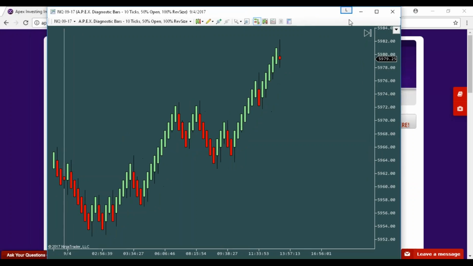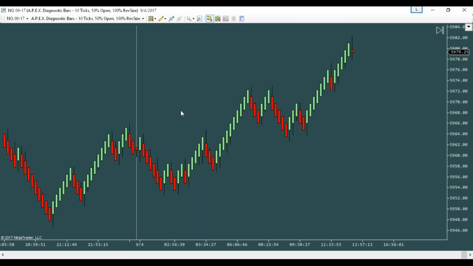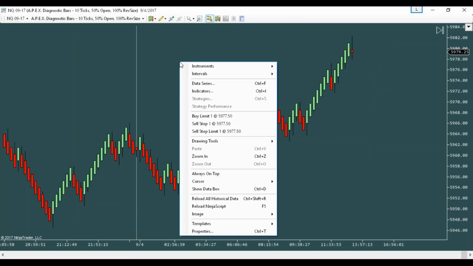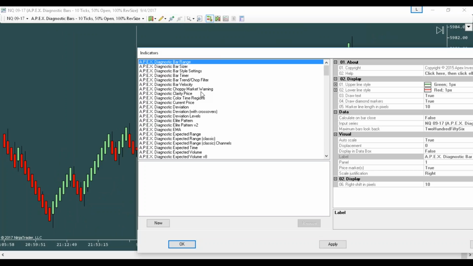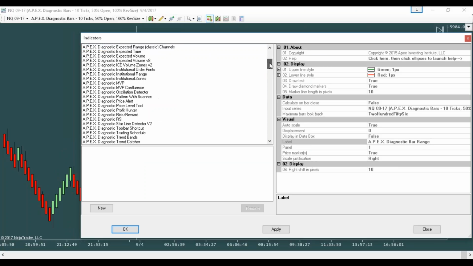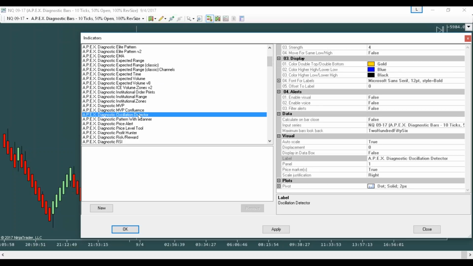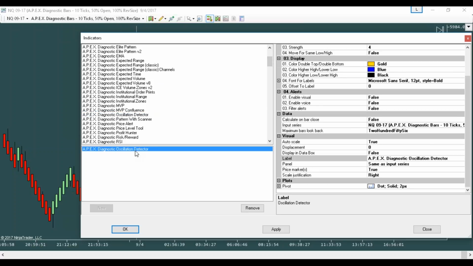So let's just jump right in. I've got a blank chart open right here. I'm going to right-click on Indicators, scroll down to the Apex Diagnostic Oscillation Detector, double-click that and add it on.